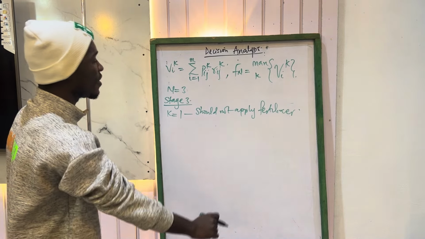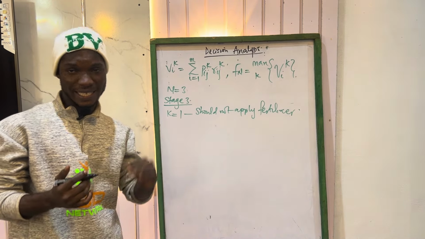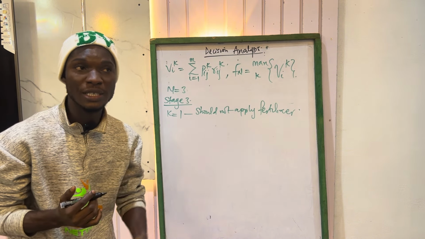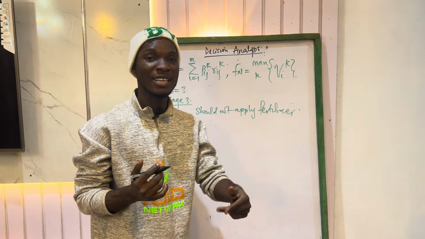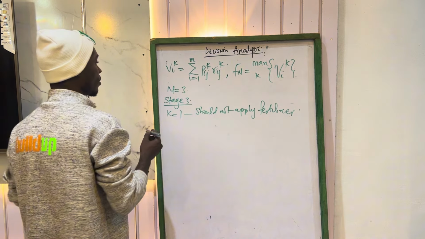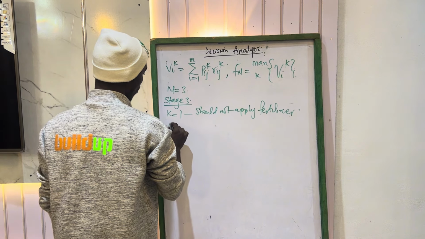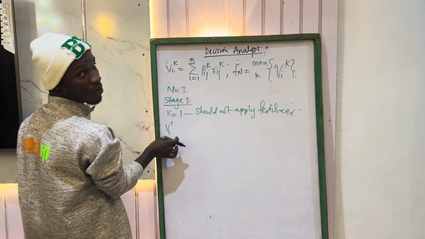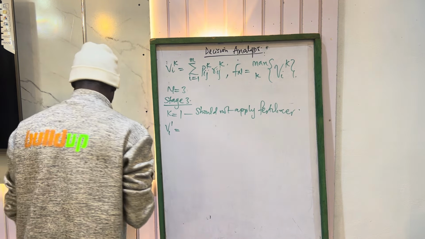So if the farmer is not going to apply fertilizer, what's going to happen? So we're going to consider it for each state. So when I equals 1, that is good soil, I is 2, fair soil, I is 3, that is poor soil. So for V1 of 1, that is a good soil, is equals to, I want you to go back to the probability.